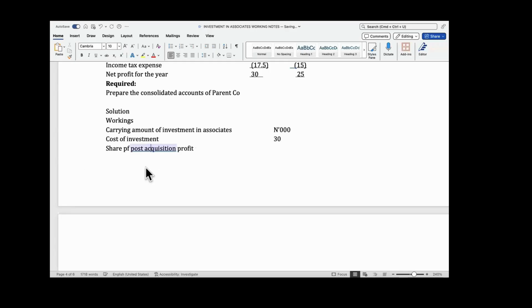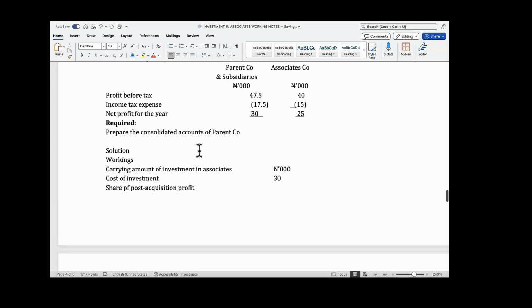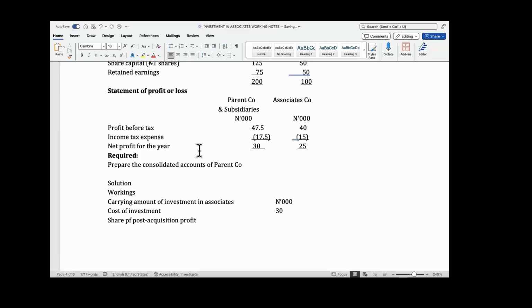Okay. Sir, the question is in exam situation, like when we get into that exam hall with all the tension, we're about to start solving a group consolidation question. Do I have to start with workings first, or should I start with the financial position, consolidate the ones that do not have additional information, then go back to my workings?